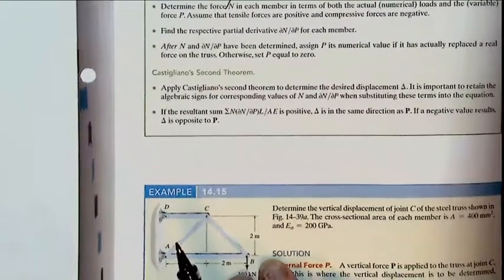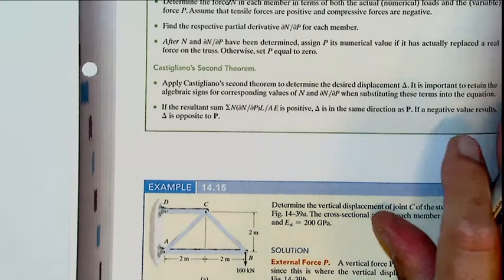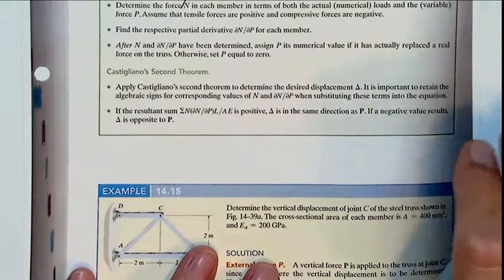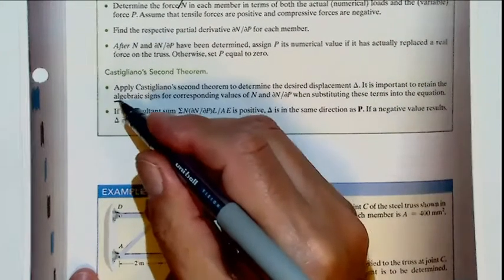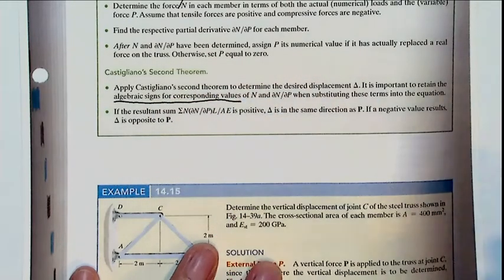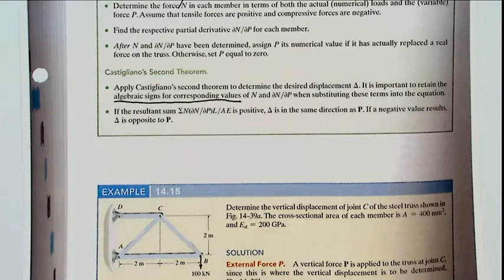Then apply Castigliano's second theorem to determine the desired displacement delta. It is important to retain the algebraic signs. Algebraic signs, of course, that is a repetition of that. Because if N is positive when it is tension and N is negative when it is compression, that means that we talk about an algebraic sum.